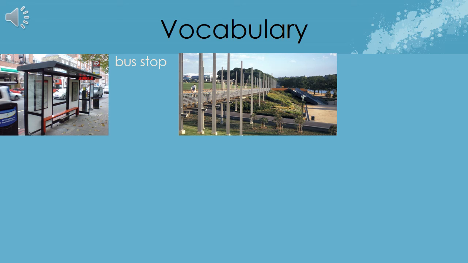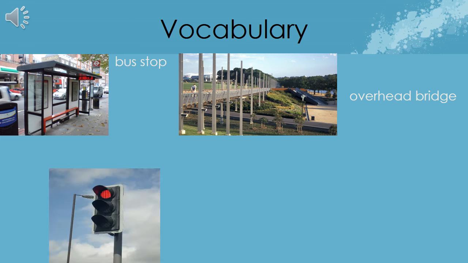Next picture. What is the name of the thing that people use to safely walk over the road? It is called an overhead bridge. What is the name of the lights that control cars and motorcycles?